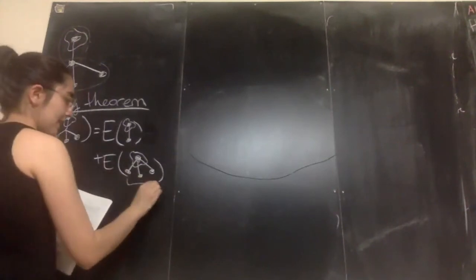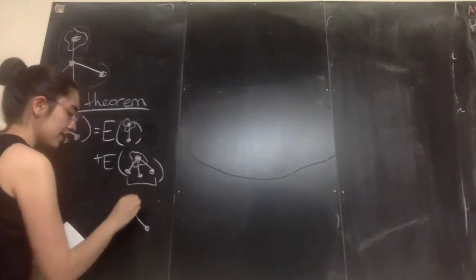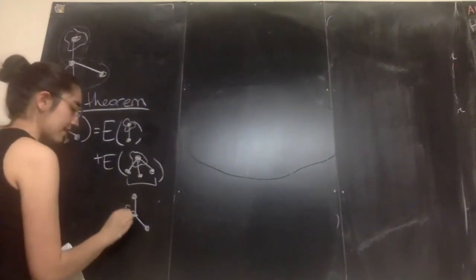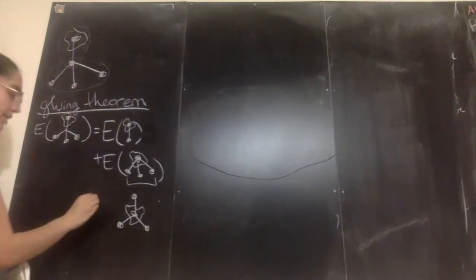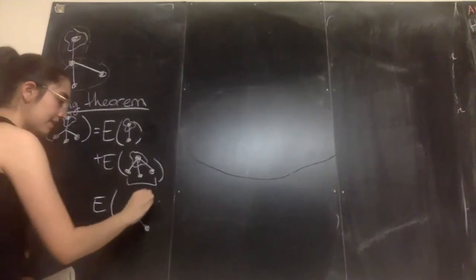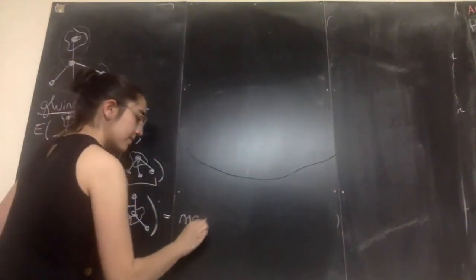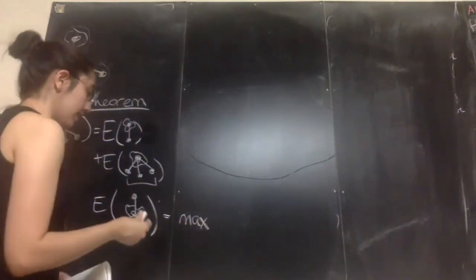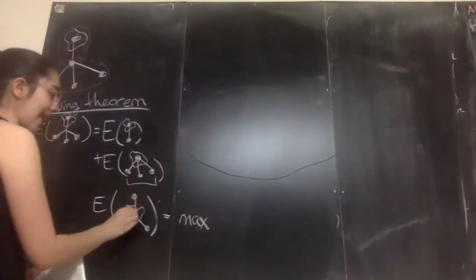So this graph right here is, if we unfold it, a little tri-star like this, right? And the expected value of this star is equal to the max for each of these ends, right?